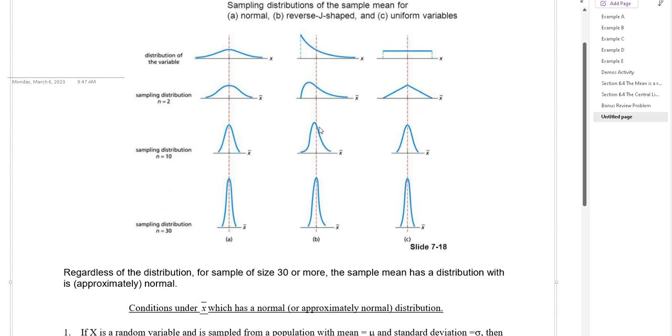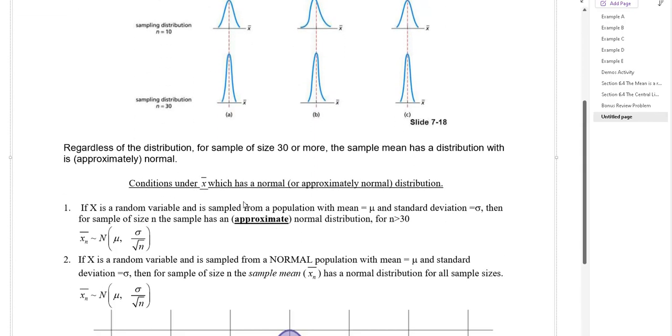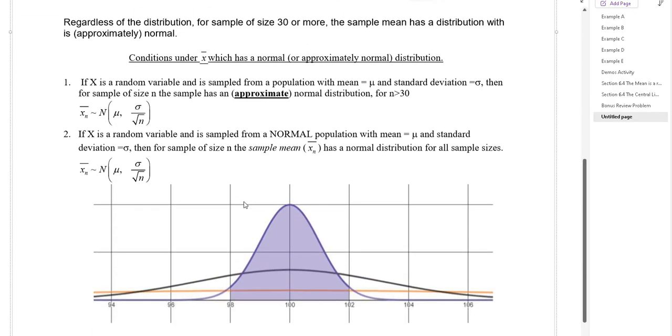What's happening to the shape as you increase the sample size, as you go from, say, 2 to 10 to 30? What's happening to the shape of this distribution here? It's becoming normal. Now, if you start out with a normal distribution, you're still going to have a normal distribution. But the bottom line is that there are two conditions under which you can have a normal distribution for your sample mean.